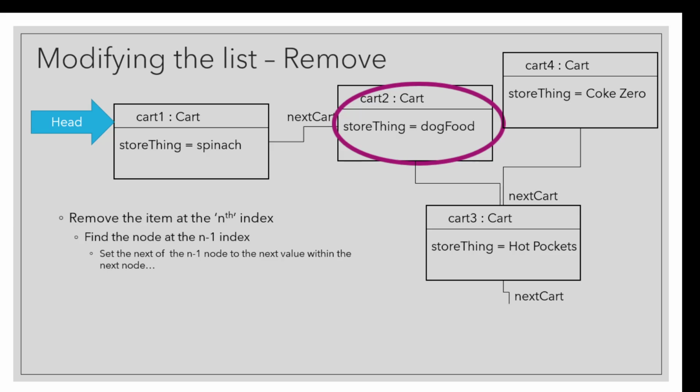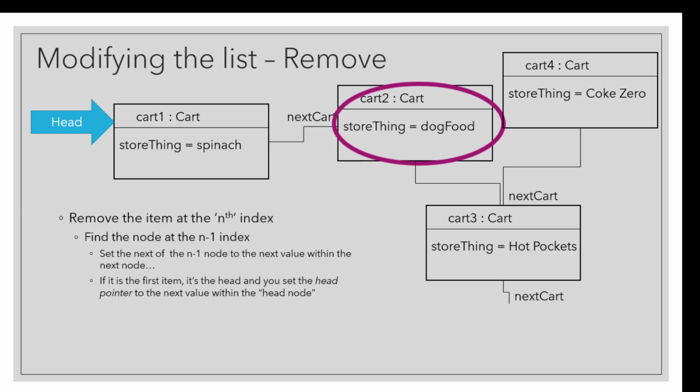So I change next cart to be pointing to there, and then if I'm dealing with Java or Python or a garbage collection language, I leave it. I'm done. Cart number 4 will be picked up and taken out by the language. If I'm dealing with C or C++, where I have to manage that myself, I probably should deallocate the memory for that, make it go away.